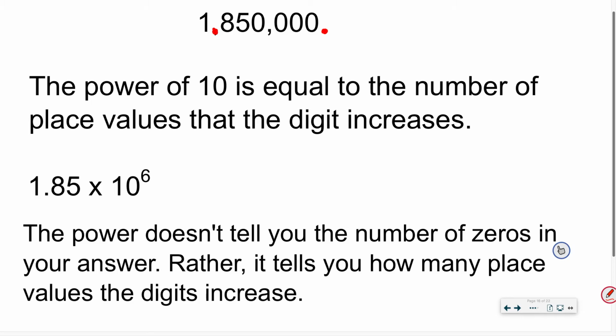What did I really multiply by? I multiplied by 10, another 10, another 10, another 10, another 10, another 10. How many 10s did I multiply by? 6. That's where we get that exponent of 6. So it is not counting zeros. It actually tells us how many place values our digit is increasing.